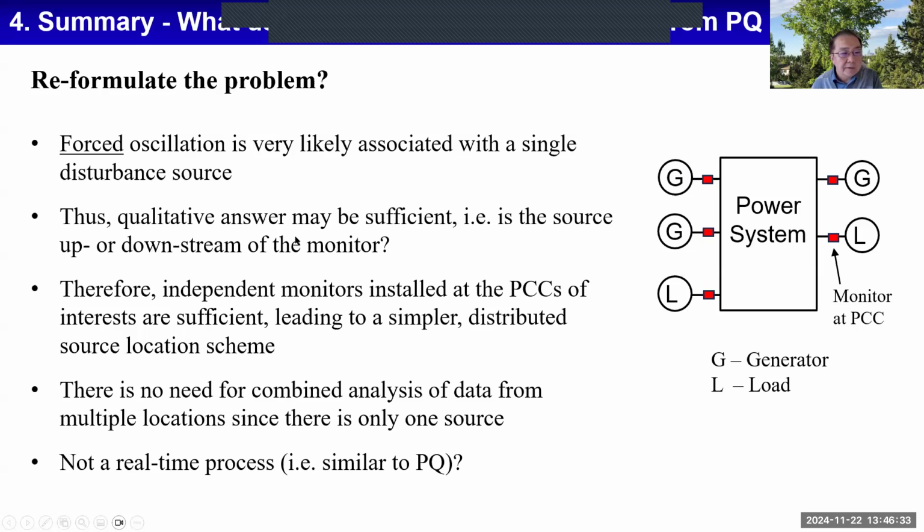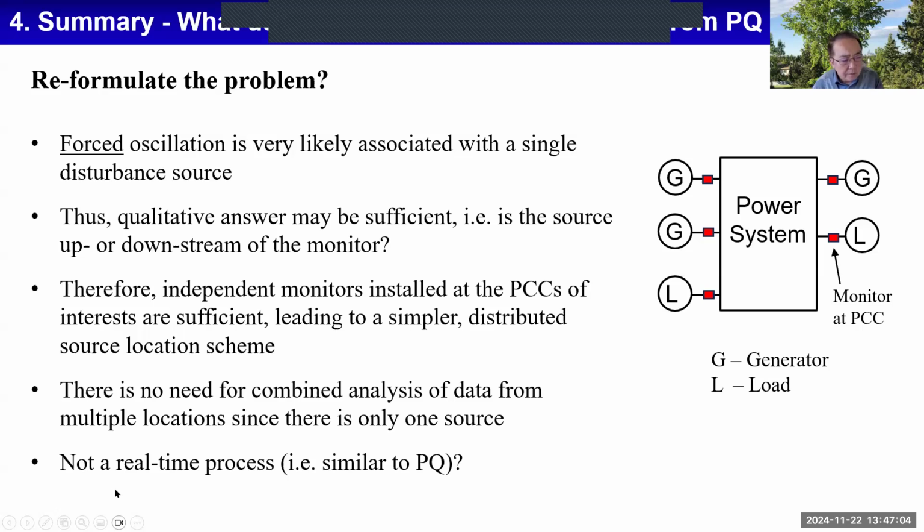A qualitative answer may be sufficient if the source is upstream or downstream of the monitor, right? Therefore, independent monitors at the PCC points are sufficient, leading to a simpler distributed source location scheme. We don't need a networked system to do that. There is no need for combined analysis from multiple locations, since there is only one source and we just determine upstream or downstream, that's it.